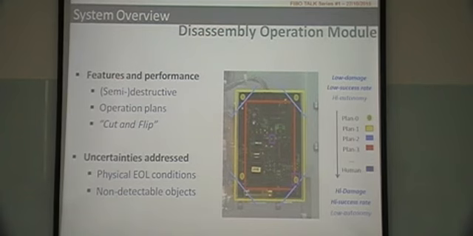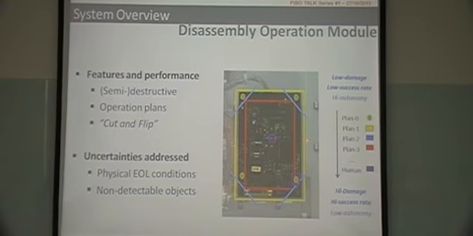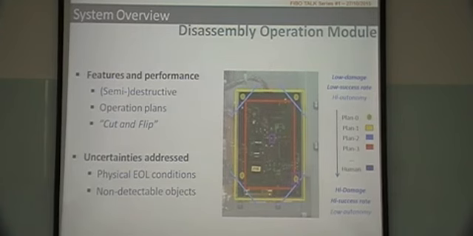So you learn that for component number one, you use this plan with some parameters. For example, the parameters could be the distance from this edge to the cutting line, and the depth of cut as well.